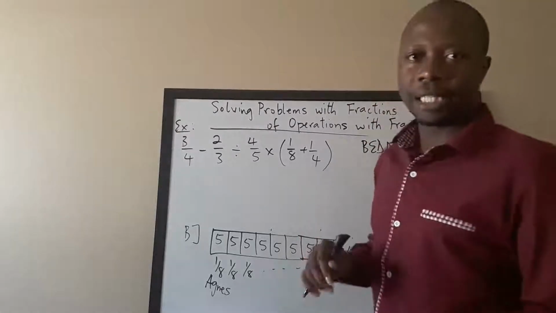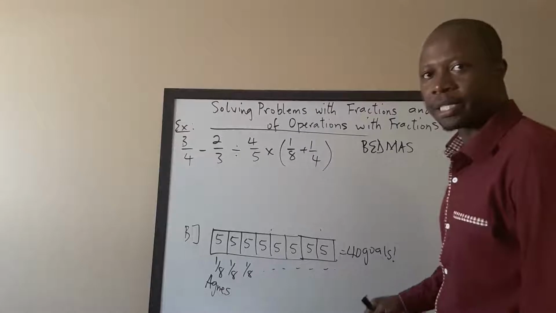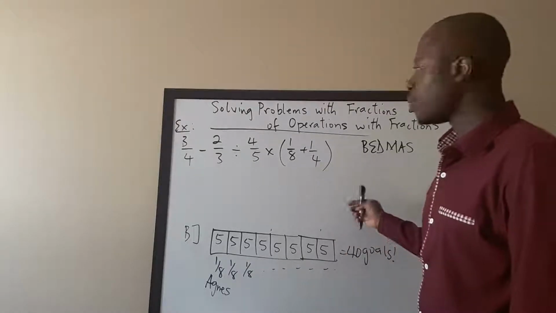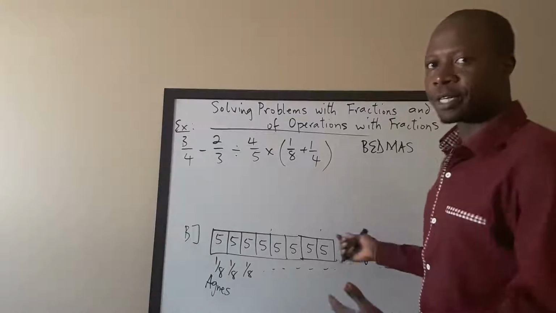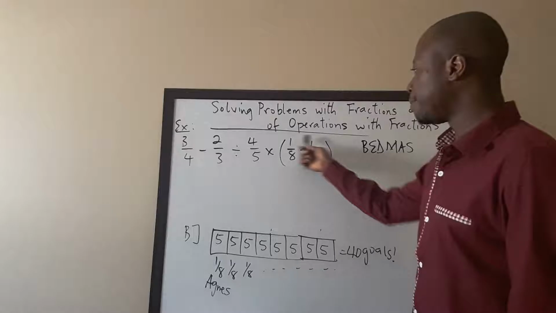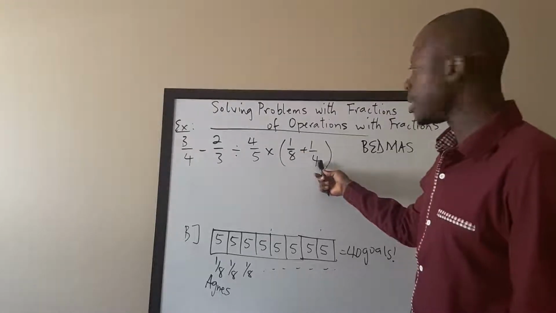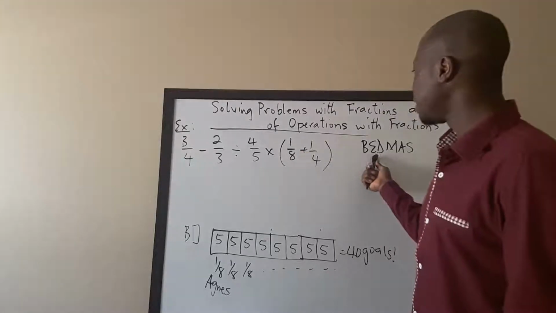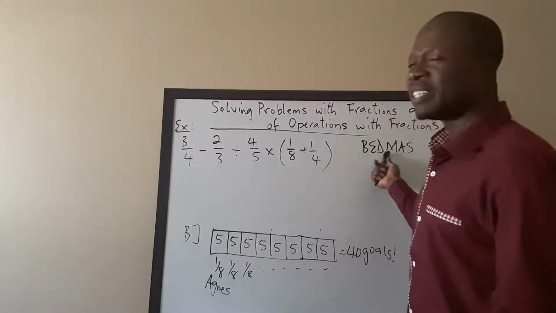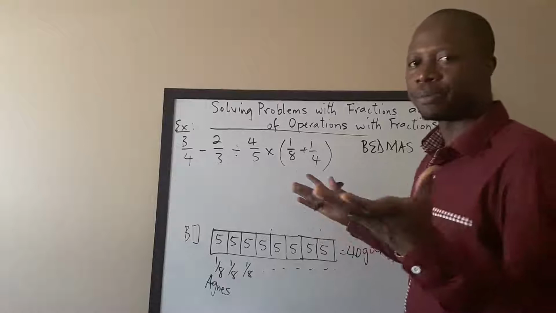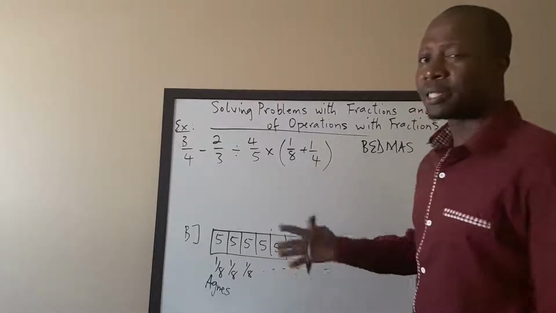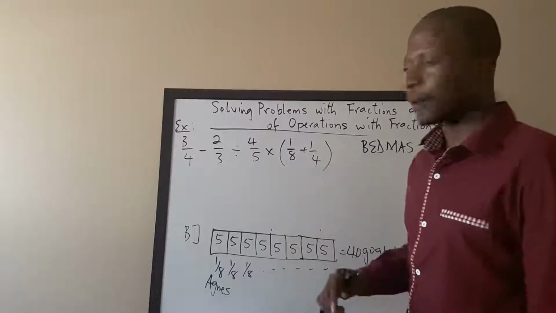So this tells you what to do first before another. So if you see anything in bracket first, you have to do it first. Next is exponent, division next, multiplication. Division and multiplication are together, if you will. And then addition and subtraction are together, and then the last ones.